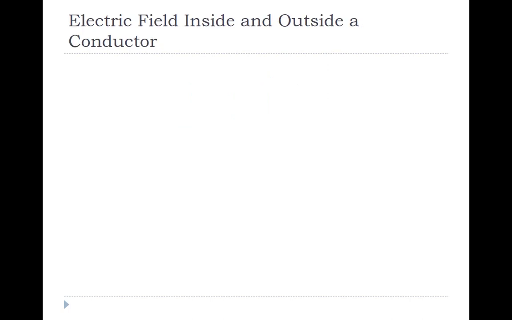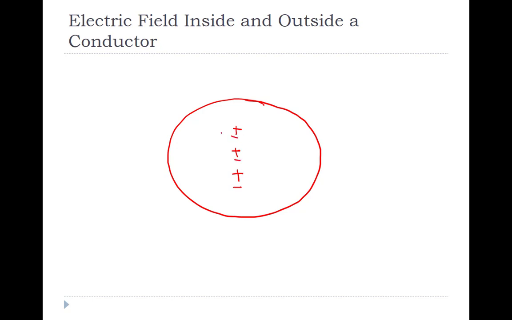Okay, so next thing, inside and outside a conductor. So I have a conductor. In this case, let's assume it's a plate of copper. This plate of copper has some positive charges and it has some negative charges. And if it's neutral, those two balance each other out.